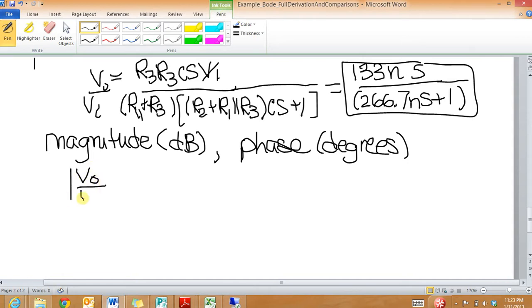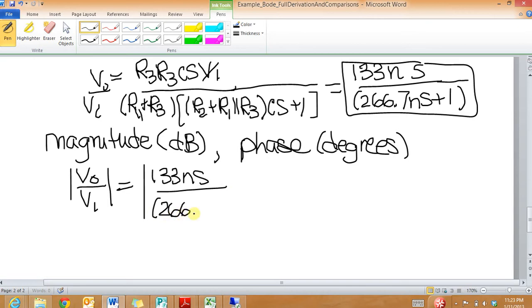So taking the magnitude of this function, the magnitude of the top portion is going to be times j omega, and then I'm going to plug in s equals j omega also on the bottom.